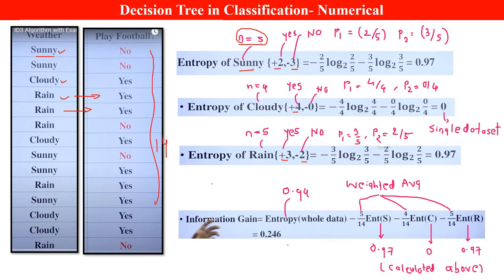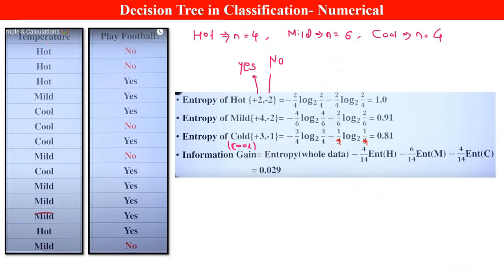So 5 by 14 multiplied by its entropy, 0.97. Then cloudy, minus 4 by 14 multiplied by 0. Then 5 by 14 multiplied by 0.97. So we will get the information gain as 0.246. Okay, so this is for the first column. Then take the next column, temperature.